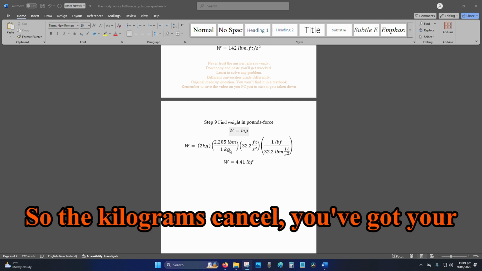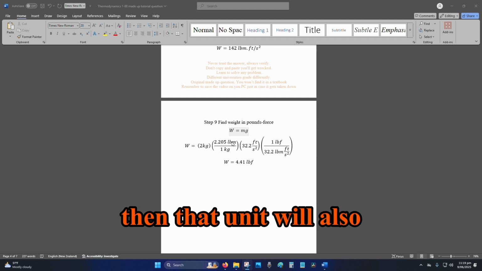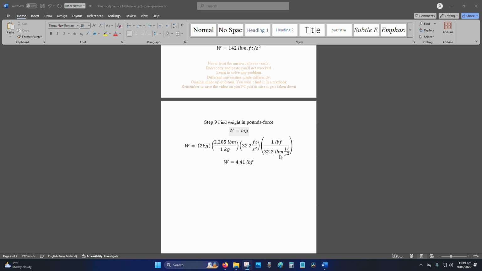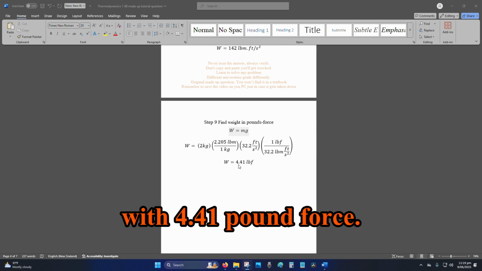So the kilograms cancel. You've got your pound mass over there. And then that unit will also cancel out with this pound mass as well. So you're just left with 4.41 pound force.